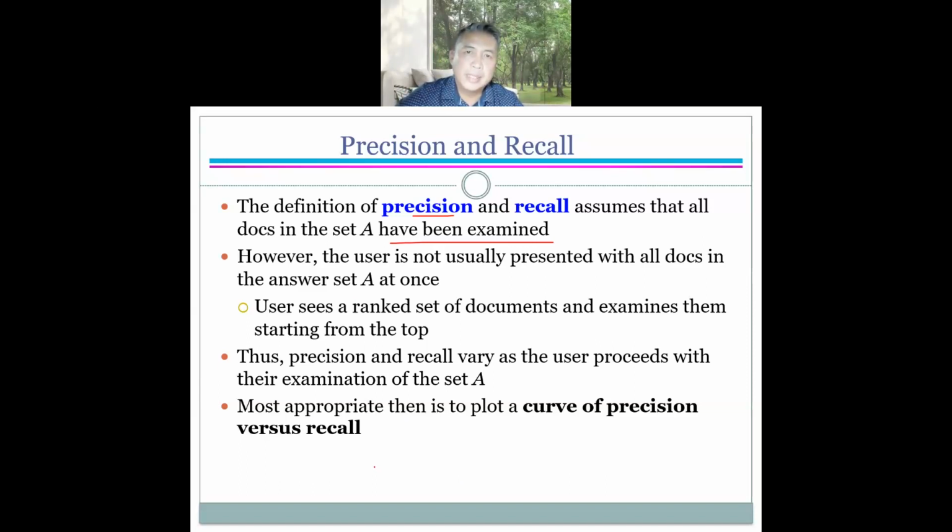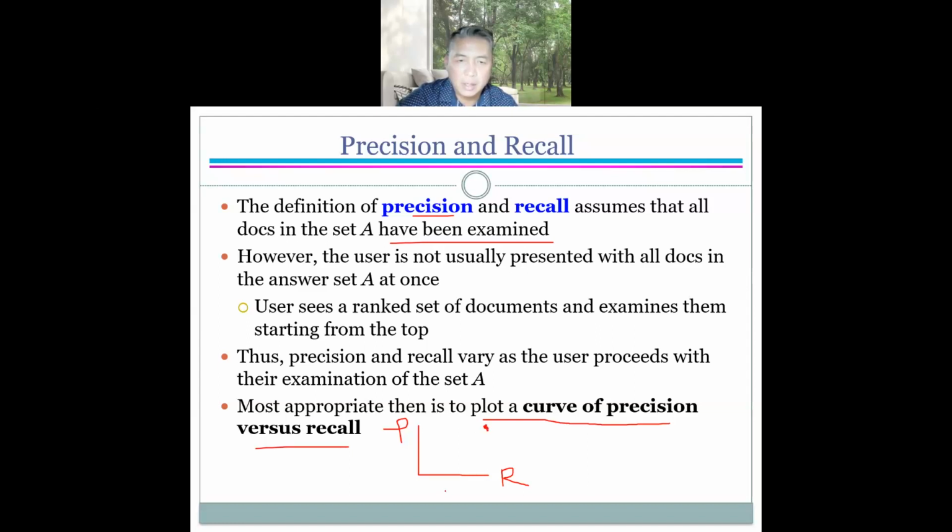The way we describe the performance of the IR, we will plot a curve of precision versus recall. Your precision will be here and your recall will be here. What you want is high precision and high recall.